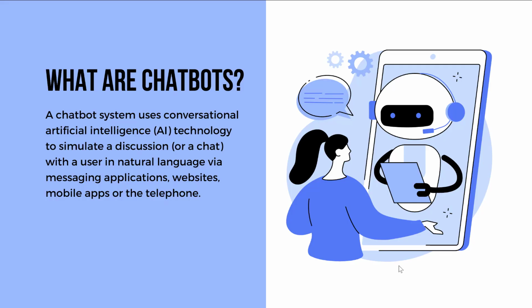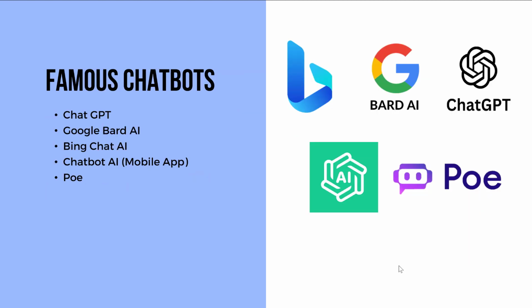Chatbots are like a conversation between you and artificial intelligence, trying to answer your own question in a dialogue or in a chat. These are the most famous chatbots nowadays. Of course, the most famous one is ChatGPT with its different versions.